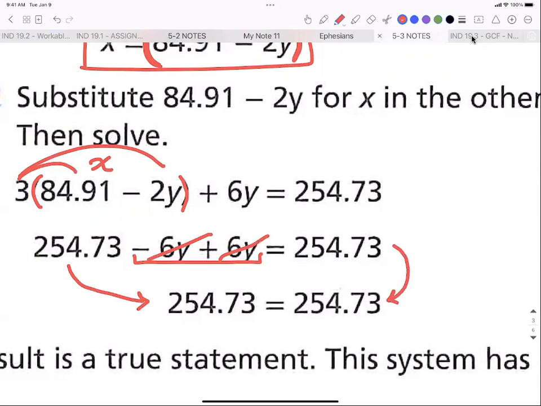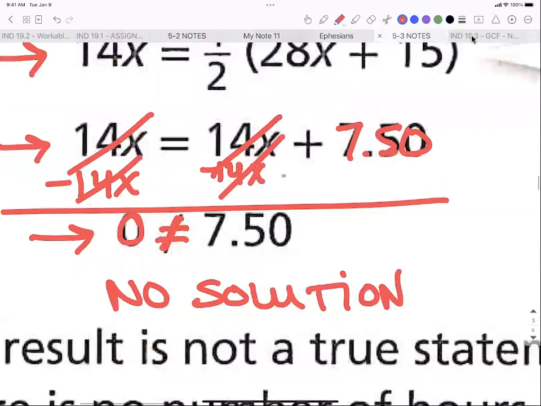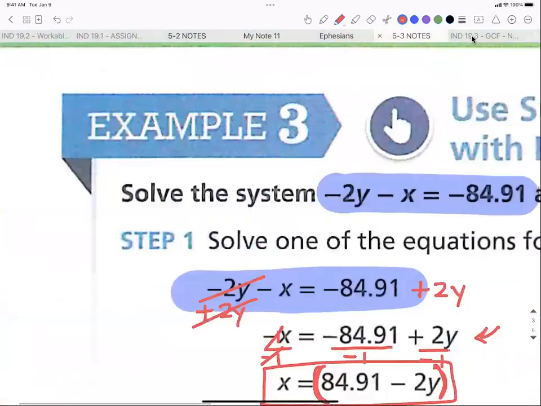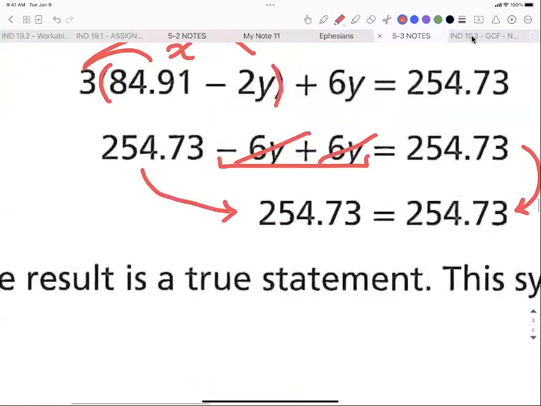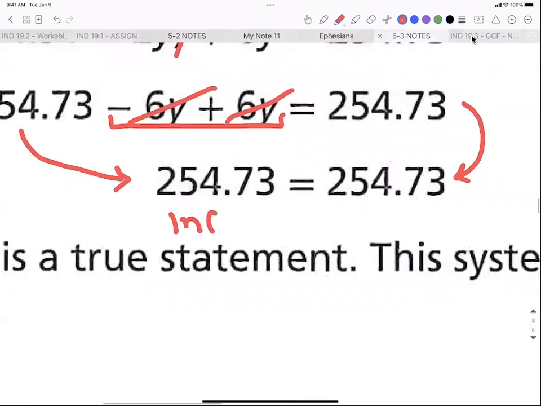It's another special case because your variables zeroed out. They went away. They're gone. But is it a no solution like here, where 0 does not equal 750? So it's no solution. Or you've got two identical terms equaling each other, which means it's what? Infinitely many.